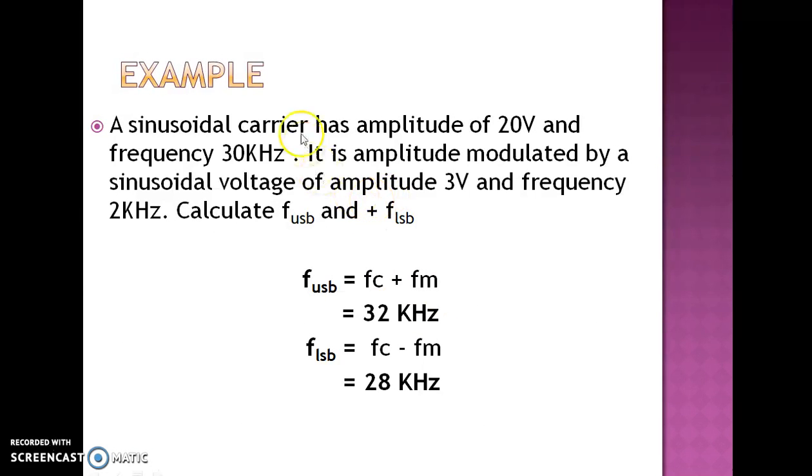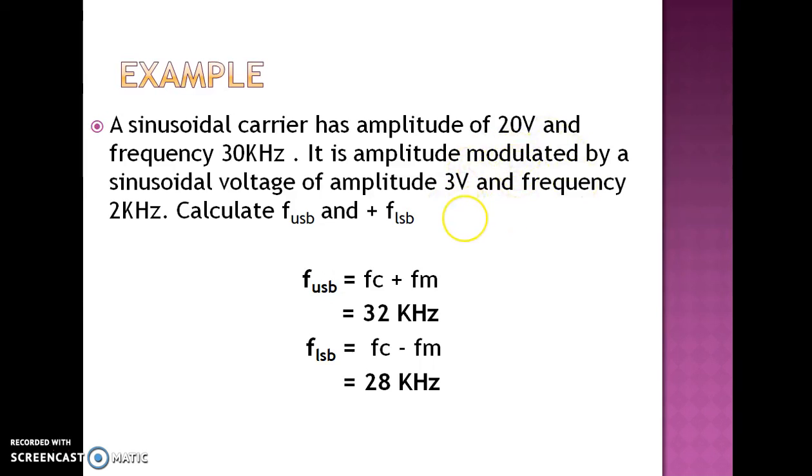Here is an example. A sinusoidal carrier has an amplitude of 20 volt and a frequency of 30 kilohertz. If it is amplitude modulated by a sinusoidal voltage of 3 volt and a frequency of 2 kilohertz, calculate the upper sideband frequency and lower sideband frequency.